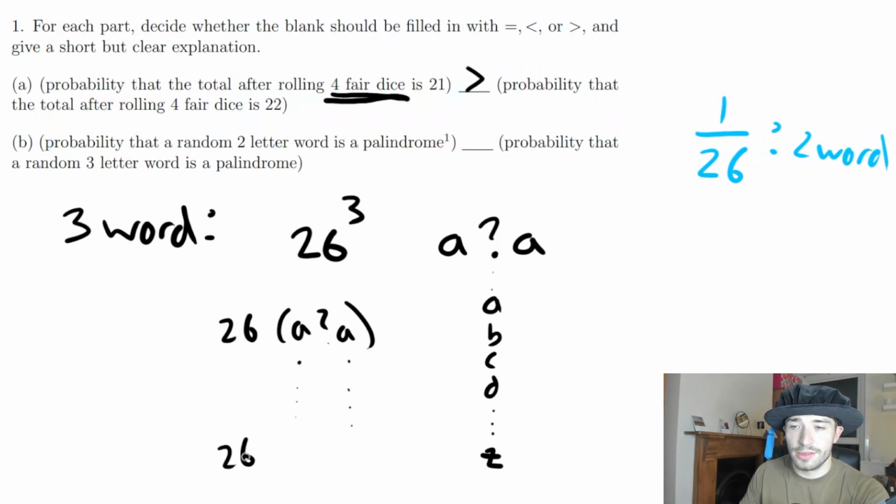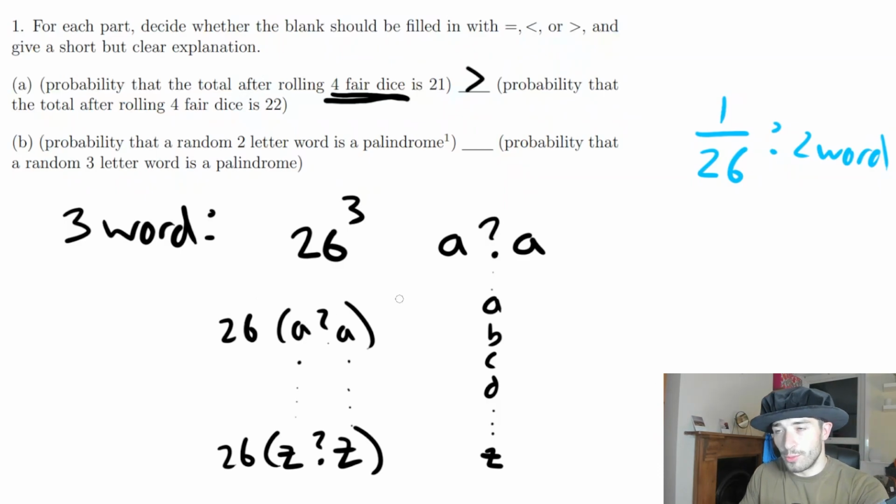So in the end, I'd have 26 Z question mark Z palindromes. So actually, there are 26 times 26 possible 3-letter word palindromes.